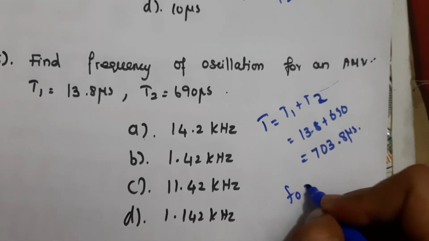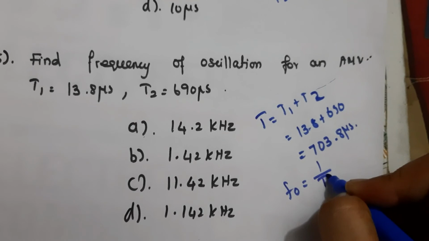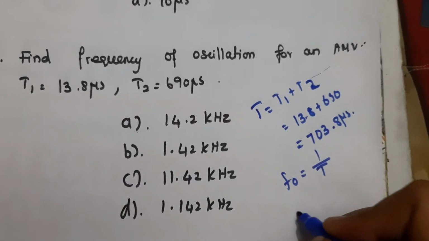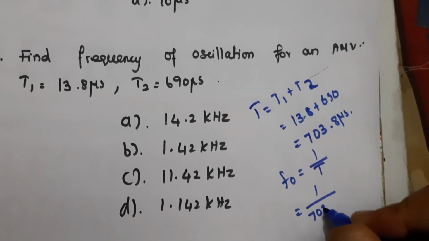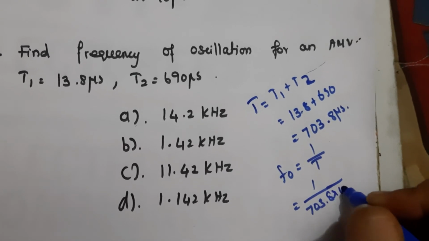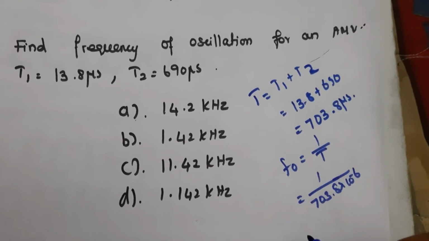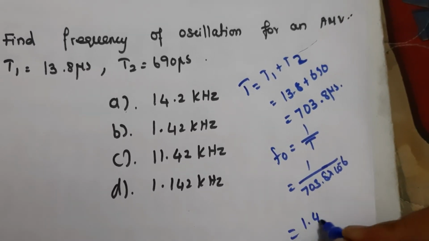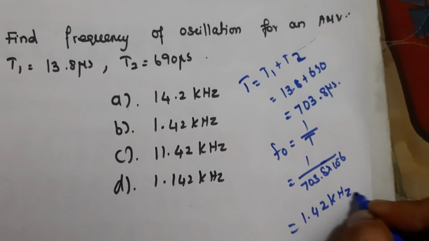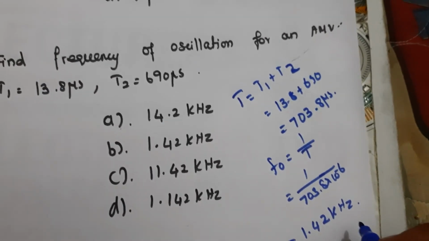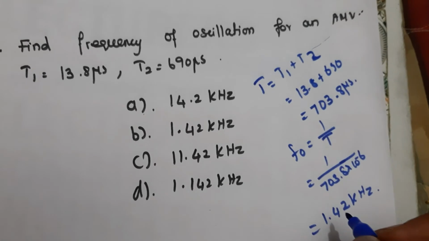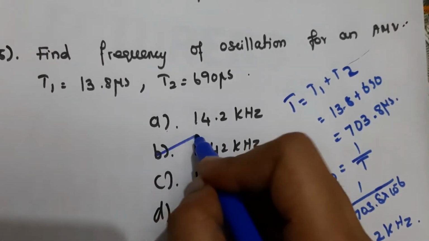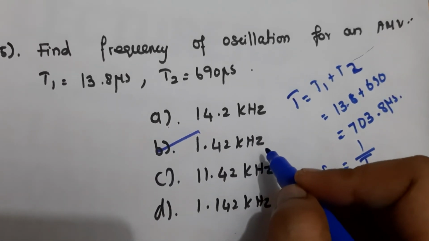F0, the frequency of oscillation, is equal to 1 by T. So we get 1 divided by 703.8 into 10 to the power minus 6. Solving this, we will get 1.42 kilohertz. So here the answer is B, 1.42 kilohertz.